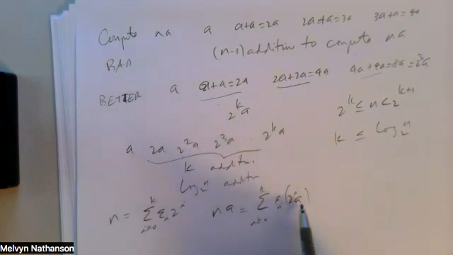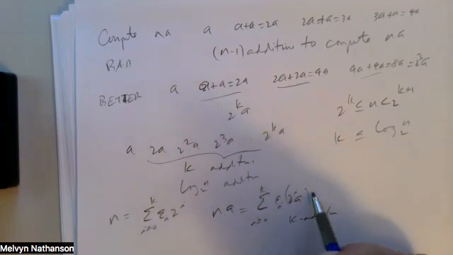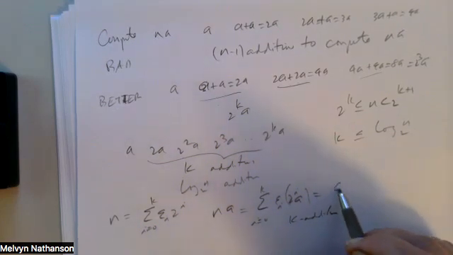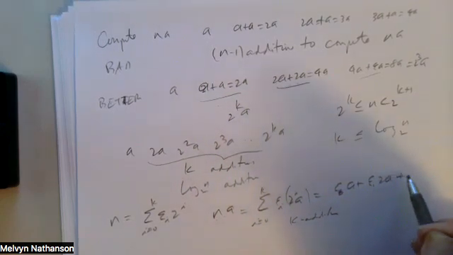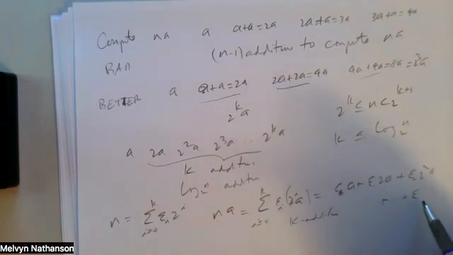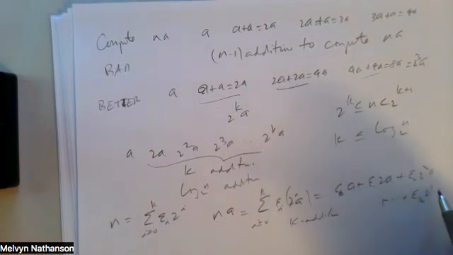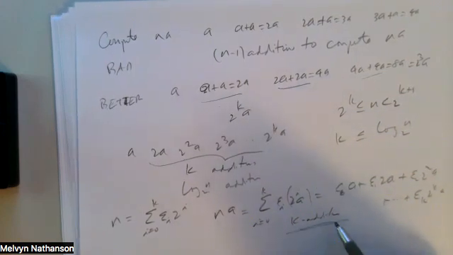So I'm adding powers of 2 times a to itself. So I have some additional additions here. I have k additions. This is epsilon 0 a plus epsilon 1 2a plus epsilon 2 2 squared a up to epsilon k 2 to the k a. I take 1, 2, 3 up to n, k additions.